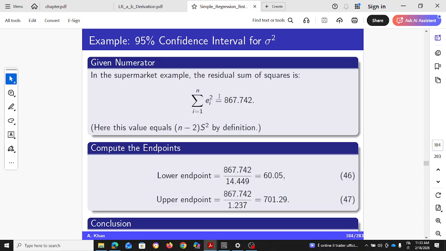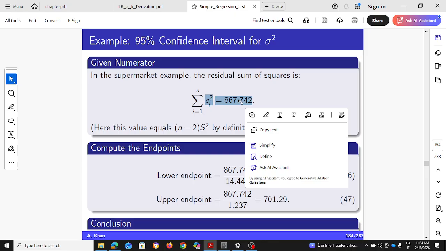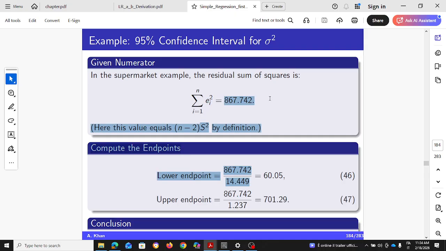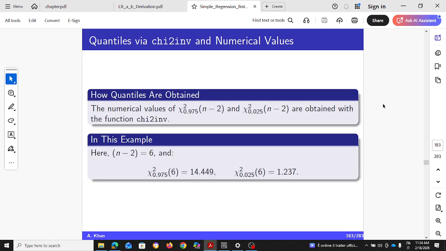And if you remember, yesterday we did this for SSE, SSR and those terms, and we had this value. Now if we take a 95% confidence interval of sigma square, we compute the lower endpoint and the upper endpoint and get these values, which we can find by taking this value divided by the quantile.